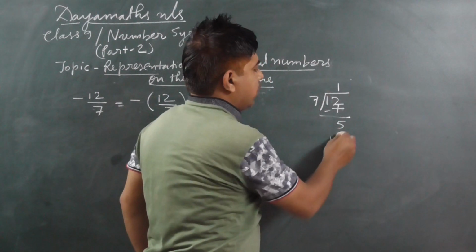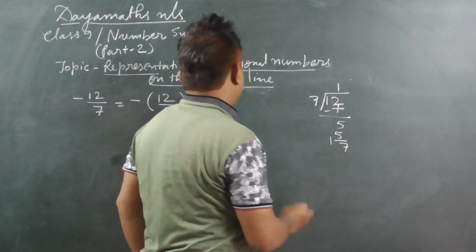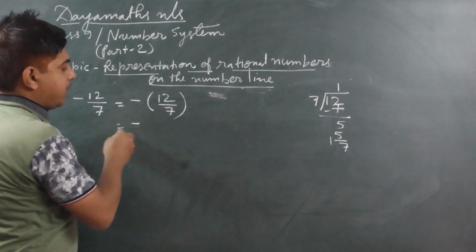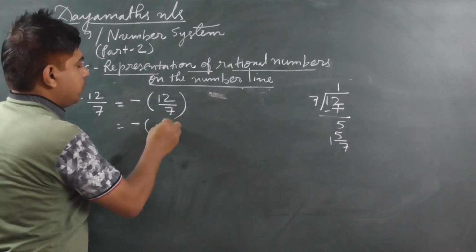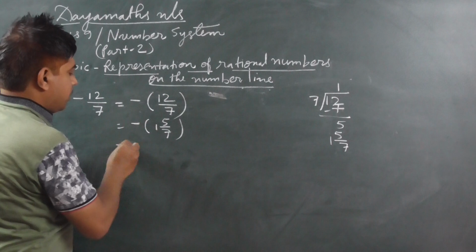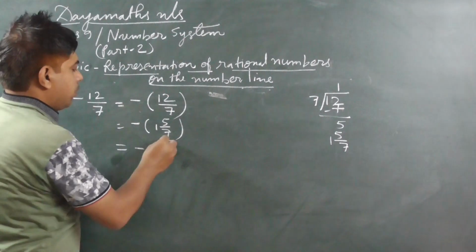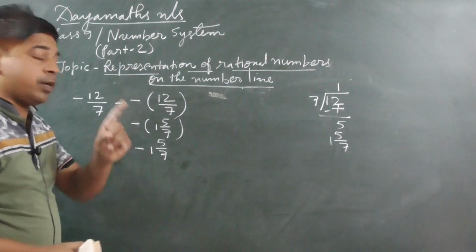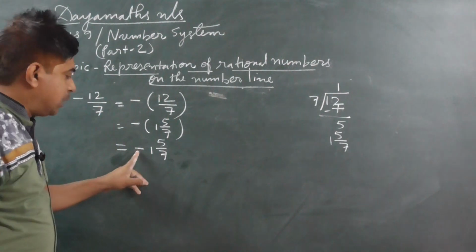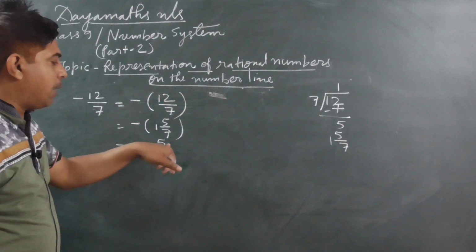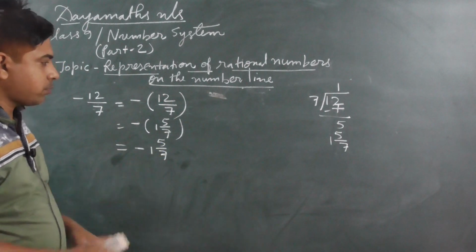So you can write 1 and 5 by 7. But outside of this bracket the minus sign is there. So if you open this bracket, you'll get minus 1 and 5 by 7. And one thing you should note in your mind is that the negative sign applies to both parts. Clear? So here 1 is also negative and 5 by 7 is also negative.